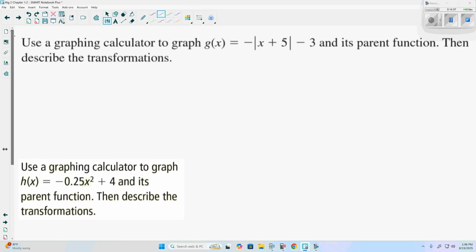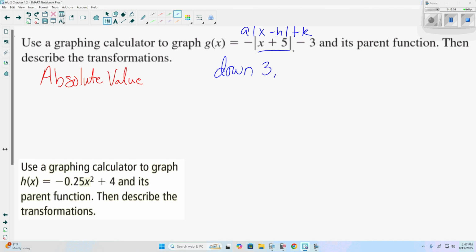So describe the transformation and its parent function. Well, the parent function is absolute value. Do we have a value for k? So it tells us it's moving where? Down. Yes, down how far? 3. Now, we do have a value for h, which would be our left and right. And the value, so we have 5, left or right?